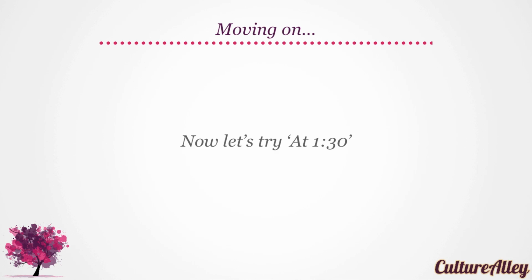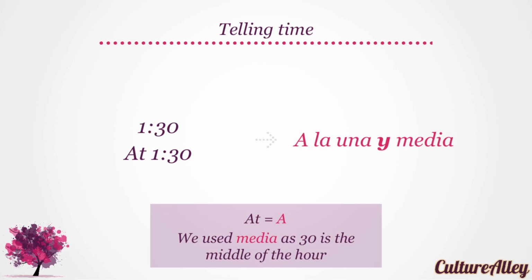Now let's try and say "at 1:30." At 1:30 translates to a la 1 y media. Try saying that. A la 1 y media. Good. Note that "at" translates to a, and we used media as 30 is the middle of the hour.